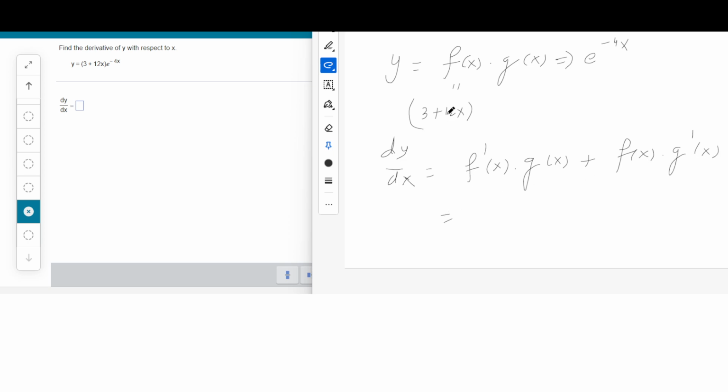So the derivative of the first function, the derivative of 3 plus 12x, is 12, and just copy the second function, which is e to the power negative 4x. Copy the first function, which is 3 plus 12x. And for the derivative of the second function, keep in mind, the second function is e to the power something.